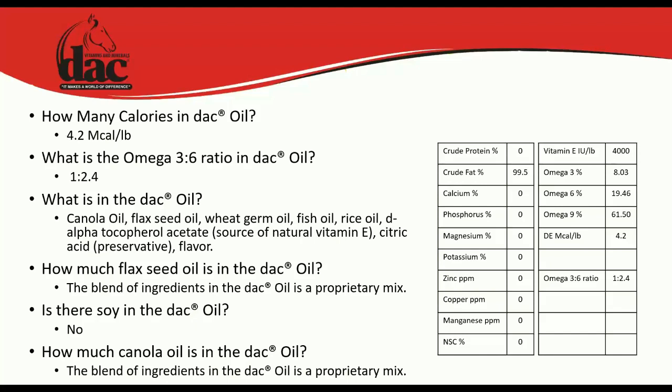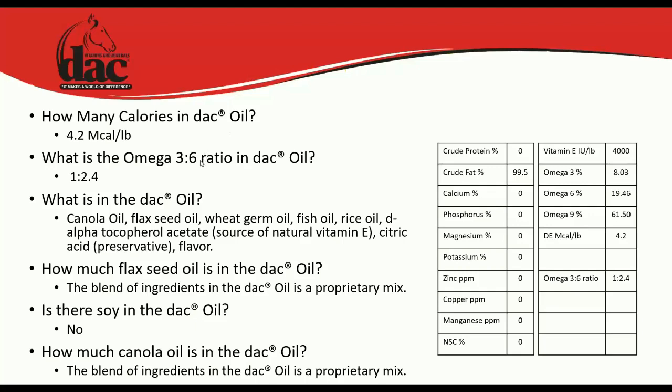When I say better, I mean there were less omega-6s and slightly more omega-3s in the canola oil as compared to soybean oil and corn oil. How much canola oil is in the DAC oil? Again, I can't tell you, but just know that we've listed the ingredients in order of their inclusion rate.